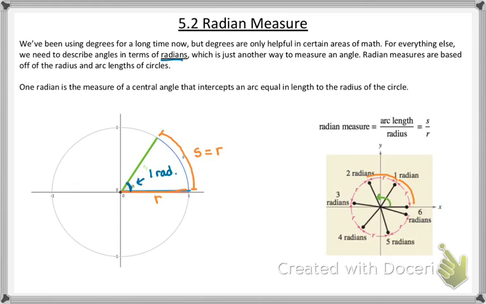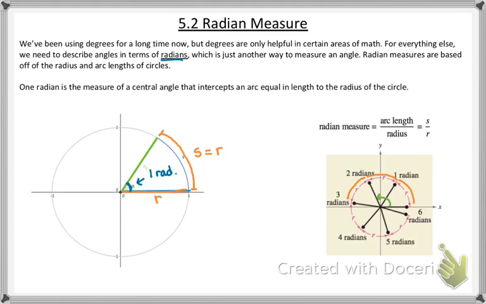So basically a radian is measured by figuring out how many radii we can fit in the arc length. It's a relationship between the arc length and the radius of a circle. Looking at the diagram on the right side, if I fit 3 radii, then the measure of this angle is 3 radians.